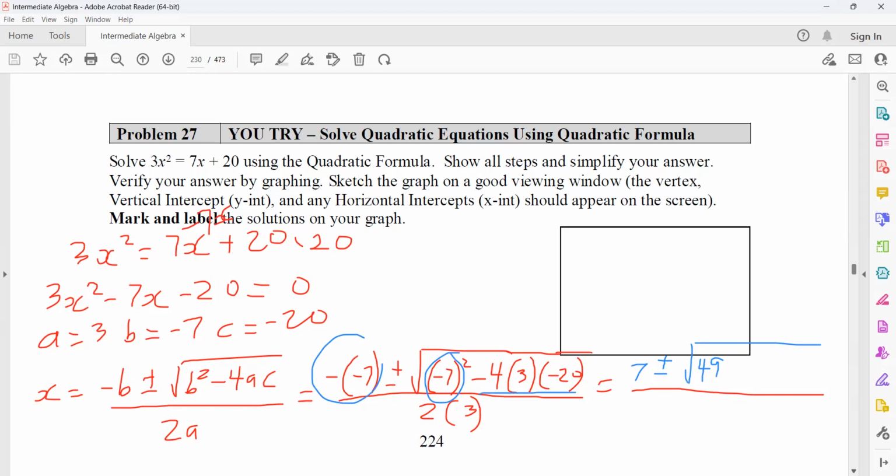Negative 12 times negative 20 is going to give us positive 240, all over 6. So this should give us 7 plus or minus the square root of 289 all over 6. So that's what we have at this point.